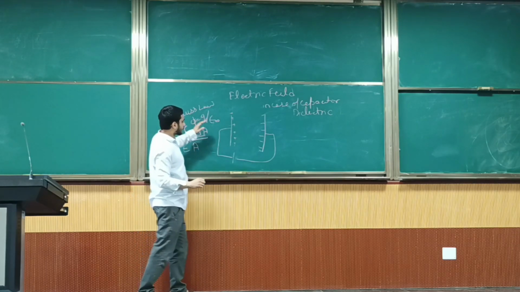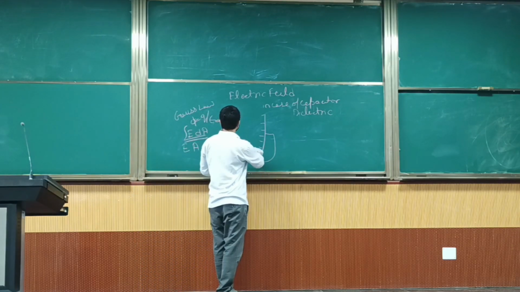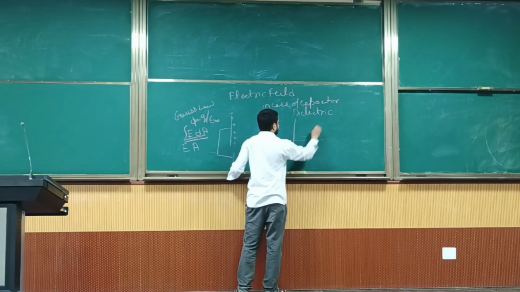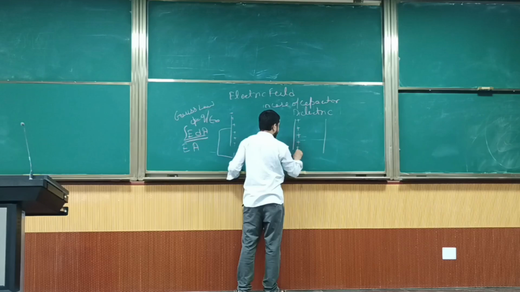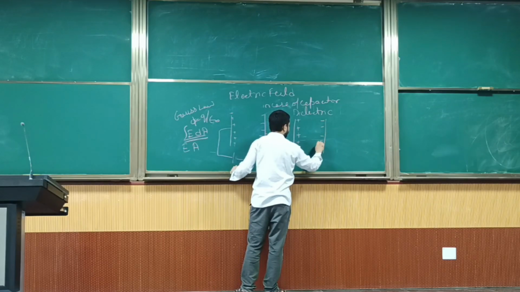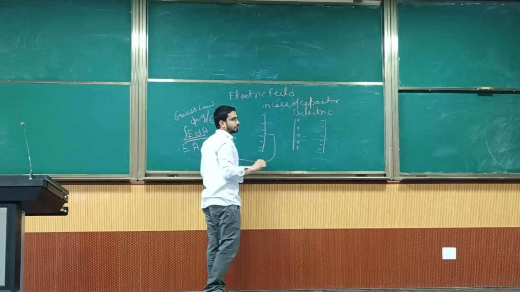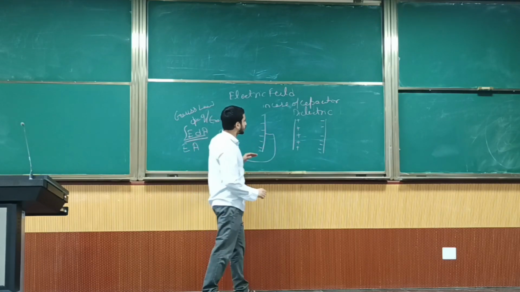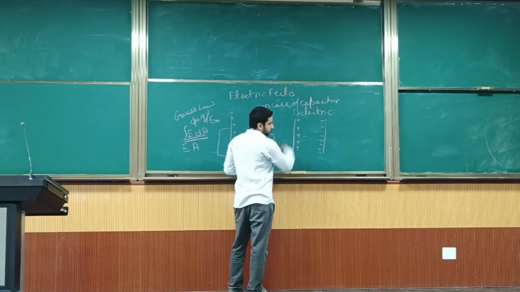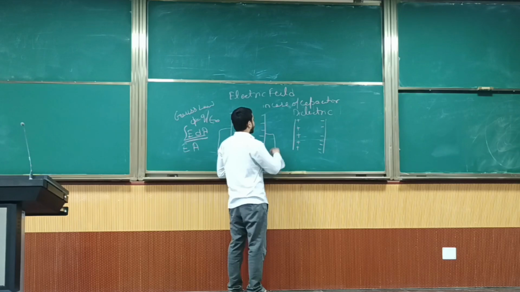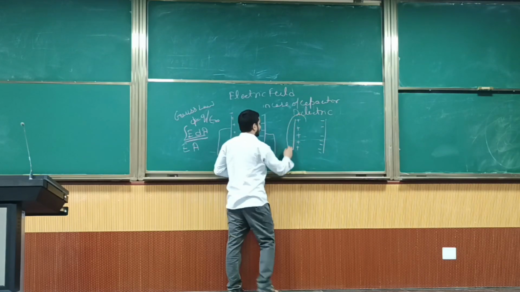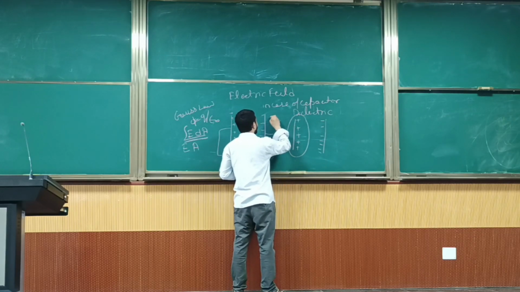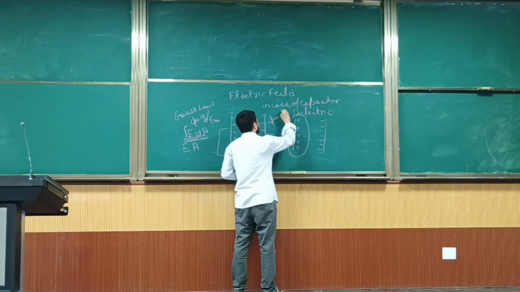So how will we find this electric field in this case? Suppose that there are two plates, one having positive charge and one having negative charge, and we want to find the electric field. By the concept of Gauss law, we know that the charge enclosed by a closed surface is Q upon epsilon naught.